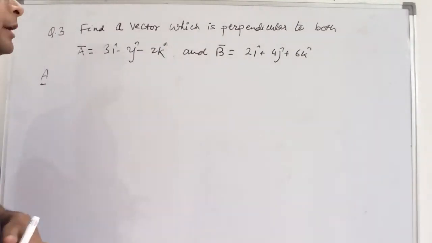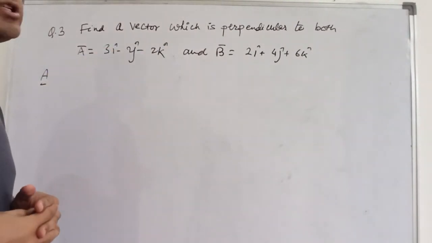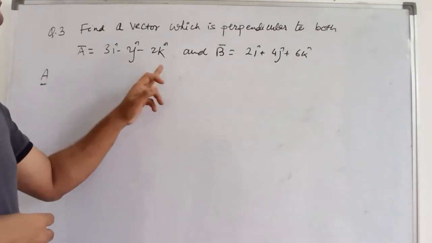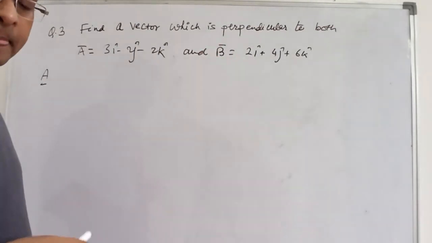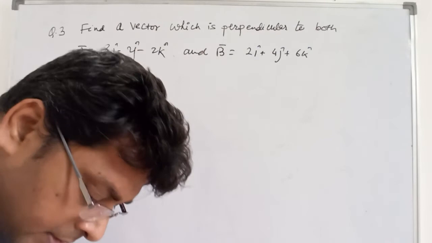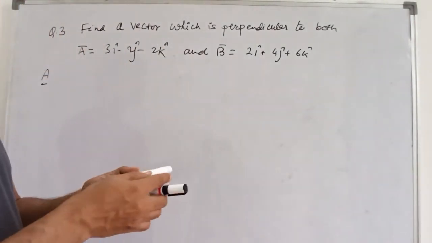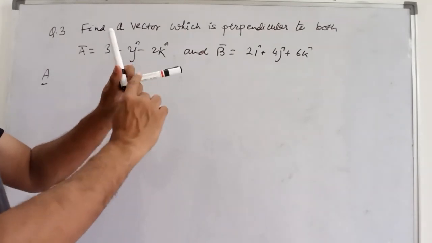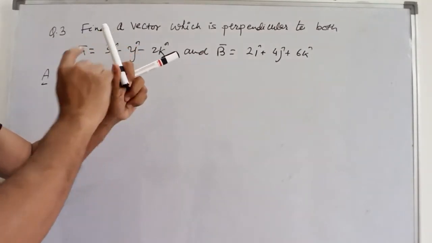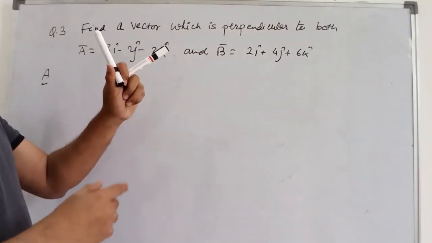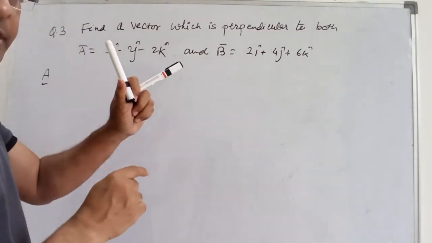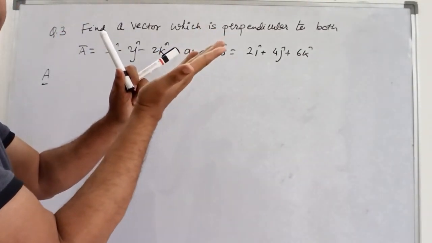One question is given here. Find a vector which is perpendicular to both A vector and B vector. So we must know how to deal with this. Suppose this is your A vector and this is your B vector. Then we find A cross B by using the right hand.